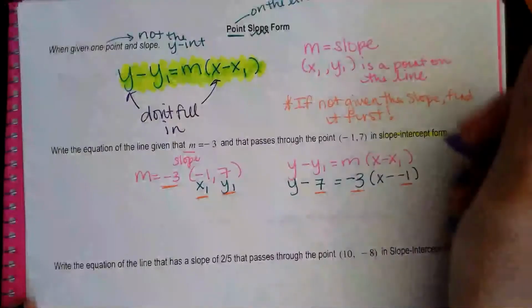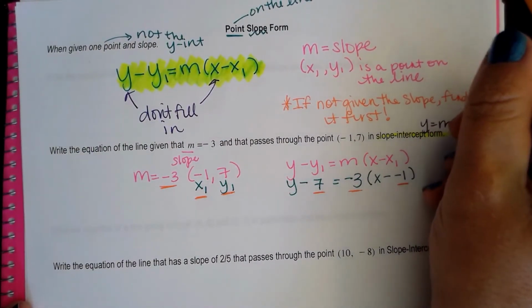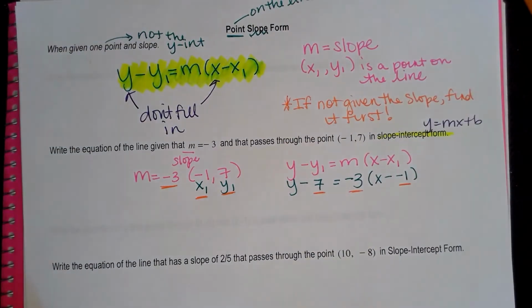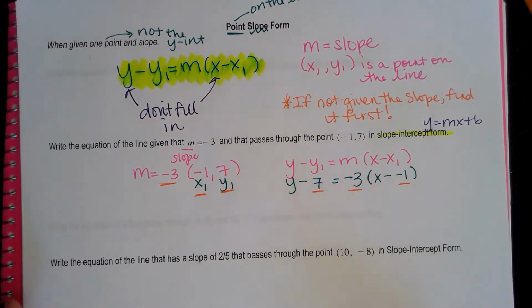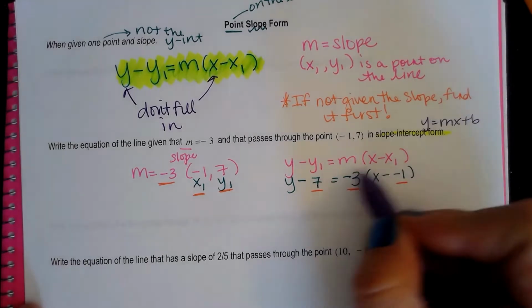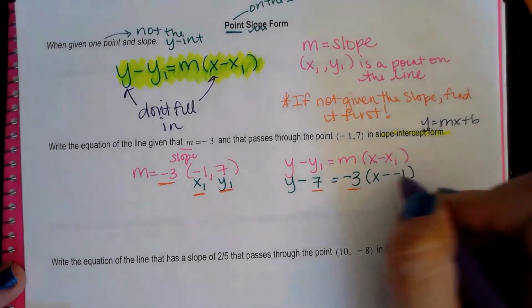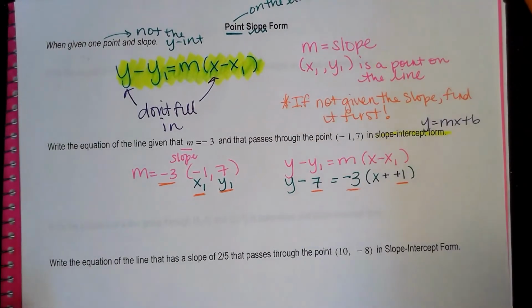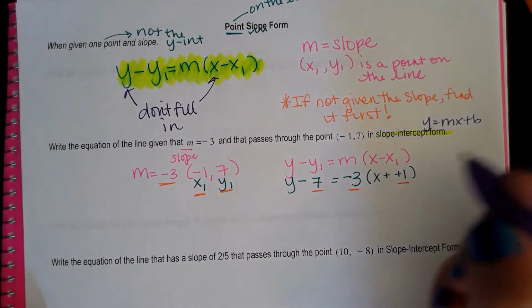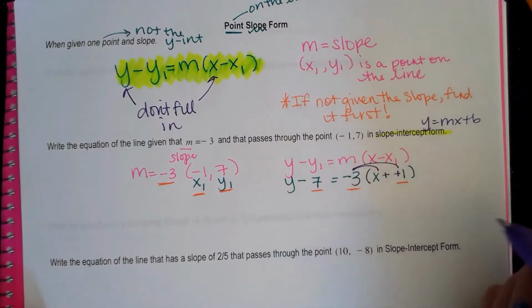So remember, slope-intercept form is y equals mx plus b. So essentially, we need to get the y by itself. We're going to need to distribute. Okay, so right here, double negative turns positive. So I'm going to distribute this -3.